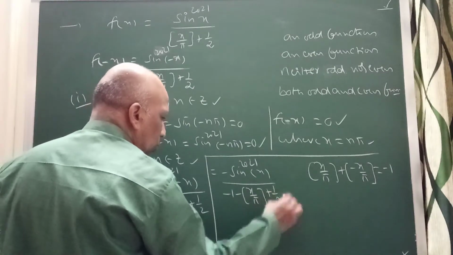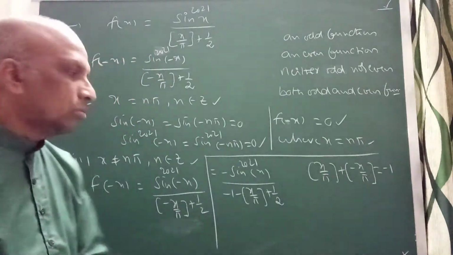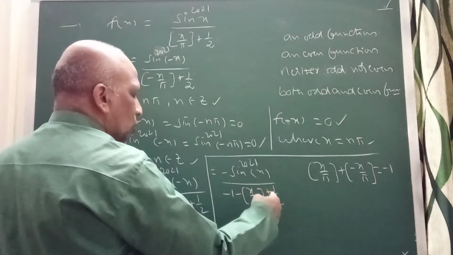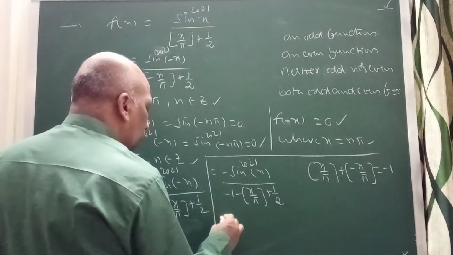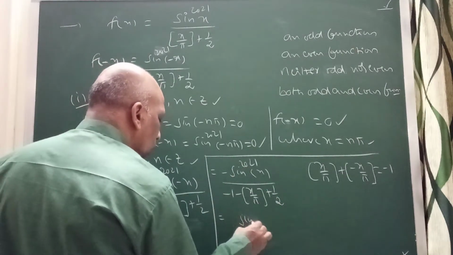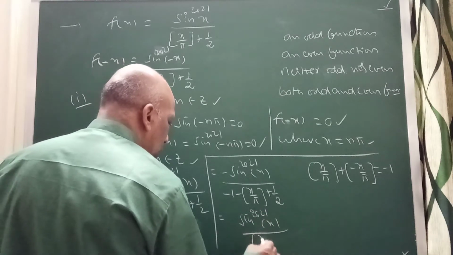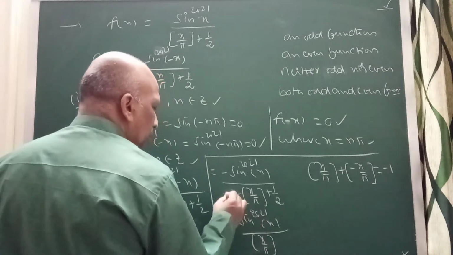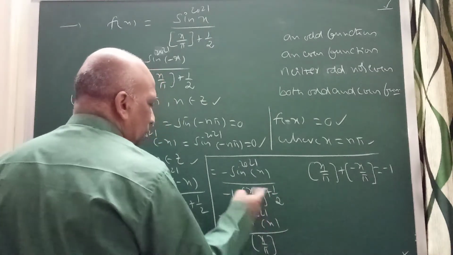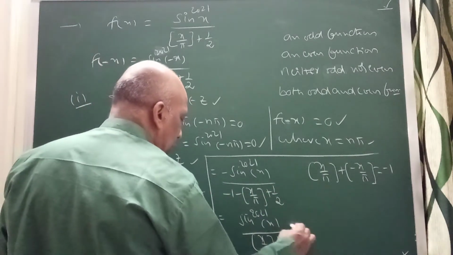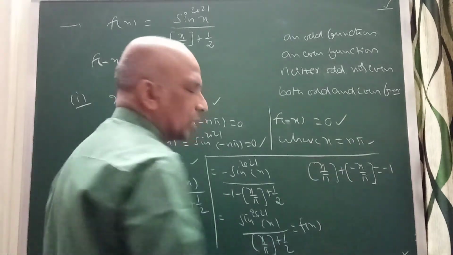Now check: plus 1 by 2. Taking minus common, this will be equal to sin 2021 of x times the step function of x by pi minus 1 plus 1 by 2, taking minus common, which is equal to f of x.